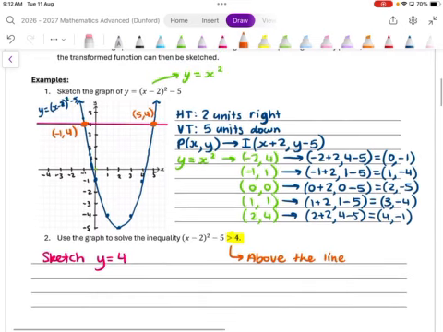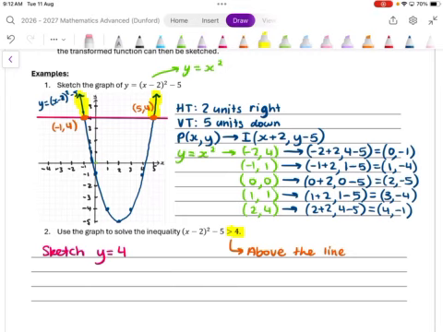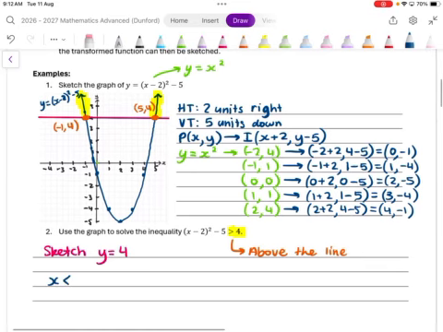So above the line, it's these bits here, isn't it? Does everyone agree? So because it's above the line, that means our solution is going to be that x is less than -1 and x is greater than 5.